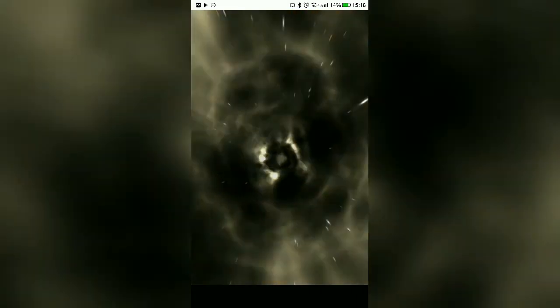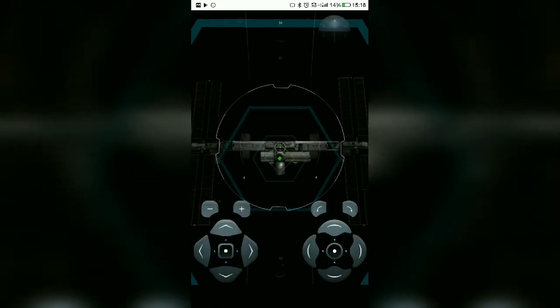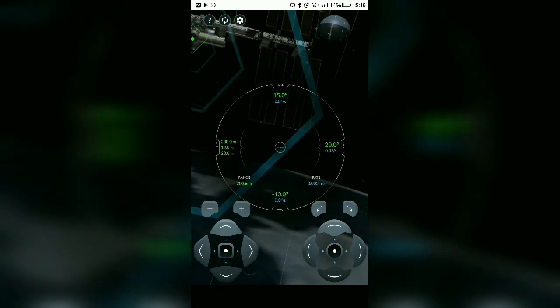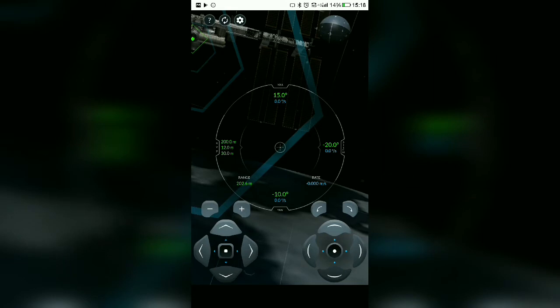So let us begin. Quite good graphics in the beginning, and this is the space station, and we are right now sitting inside the Dragon vehicle, and the Dragon vehicle is around 202 meters away from the docking point.